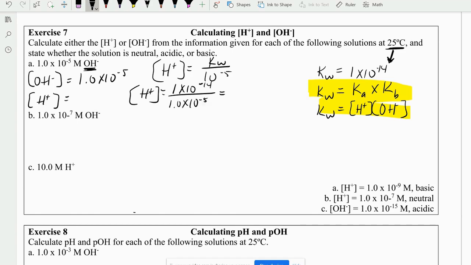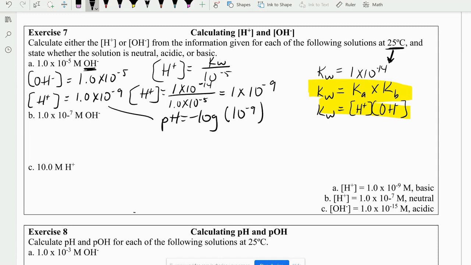So when I lay it all out there, I get 1 times 10 to the minus 9 as my hydrogen concentration. So let me go ahead and jot that down here. Now, there's a couple of things that you can do. You could just look at the size of your concentration to determine if it's acidic, basic, or neutral, or you can take these concentrations and plug them into, for example, pH, the negative log of the hydrogen ion concentration.